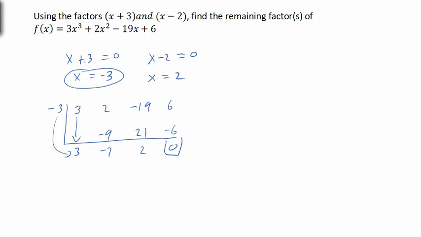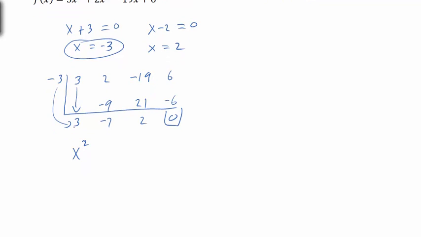Now, keep in mind, we had an x cubed to begin with, so that means our first term here is going to be an x squared. So that means we would have 3x squared minus 7x plus 2. Now, at this point, we have an option here.